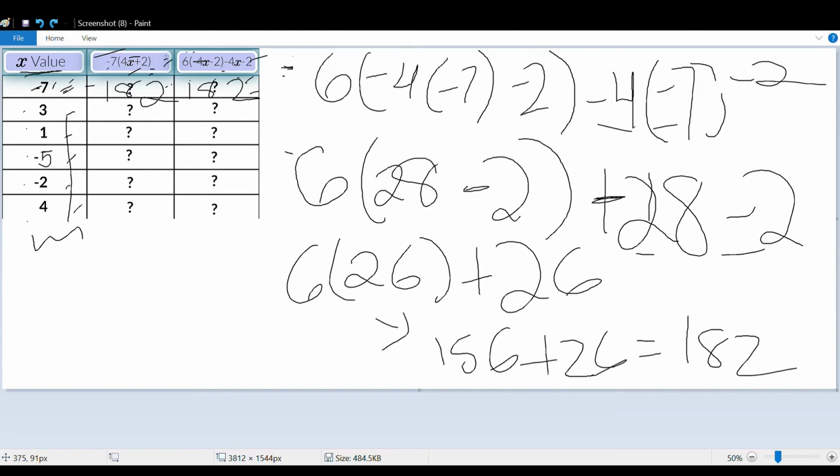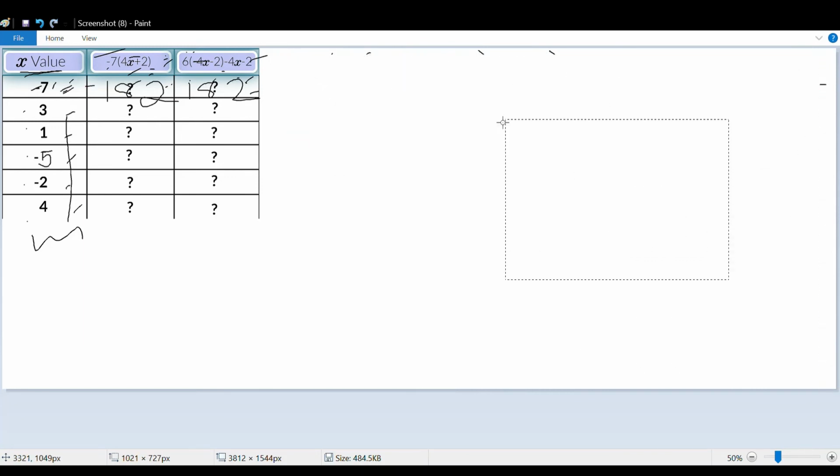And as I said, a way to do that is to get two different x values. Once you get two different x values, you just substitute them for x, and then you hope to get the same answer because you think they're equivalent equations. Now, let's substitute 3 in for both of the equations.